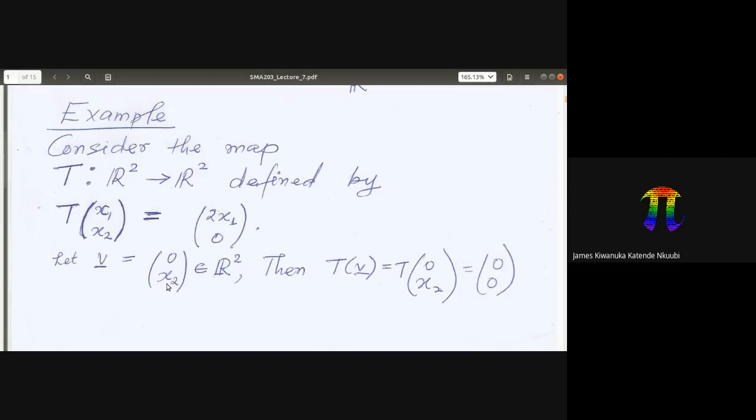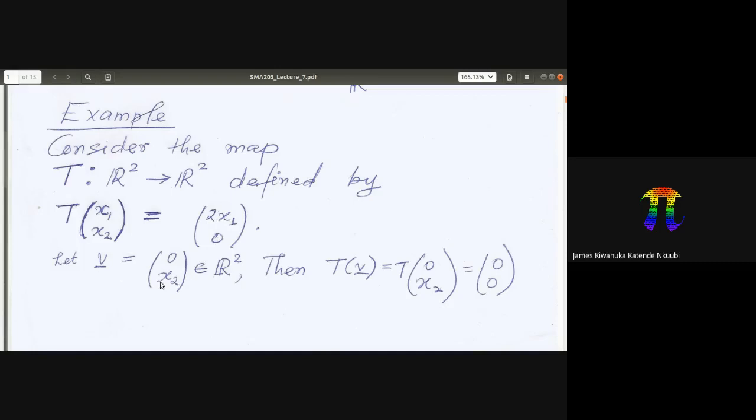So it doesn't matter what x2 is, because this map will always assign 0 to the second component in the image and multiply the first component by 2. So if the first component is 0, if you multiply it by 2, you will always get 0.